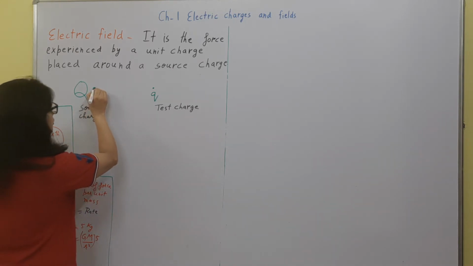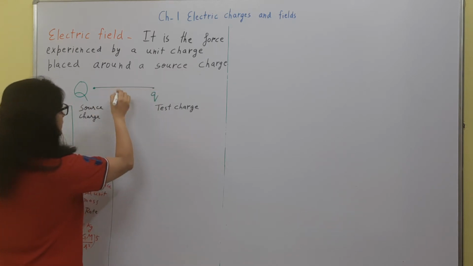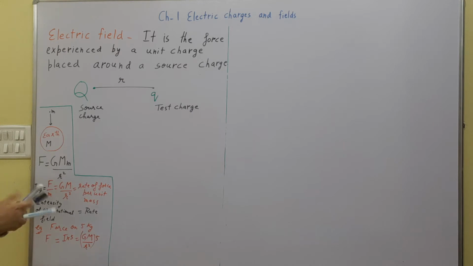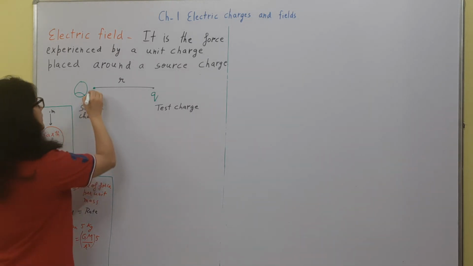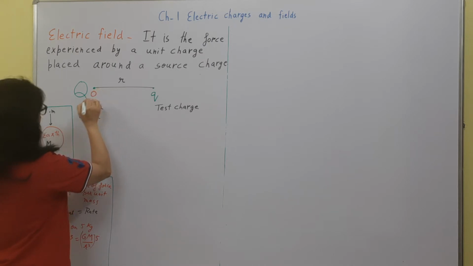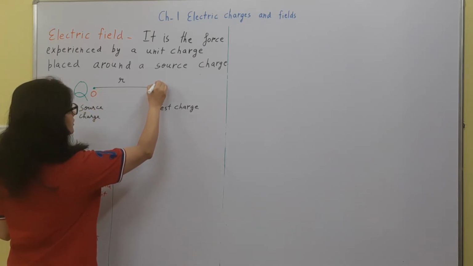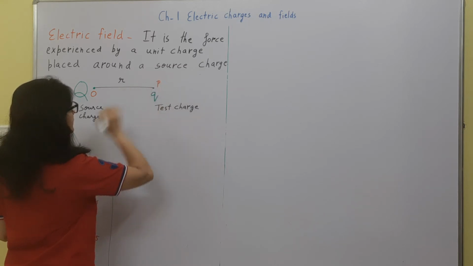And this separation, we are marking as r, right? And if we consider that this source charge is placed at point O, and this test charge is placed at point P.